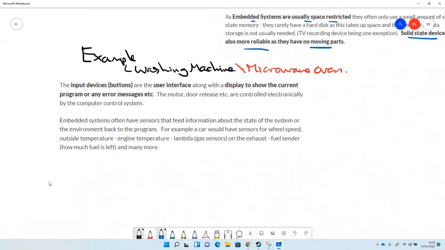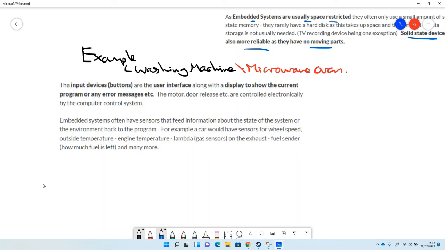Here are a couple of examples of an embedded system. One could be a washing machine, another a microwave oven. They're both domestic appliance devices. Some buttons probably for the user interface. You might have a button or a dial that you turn to set the programs. Same goes for the microwave. You might have a dial to set the time, or you might have built-in programs.